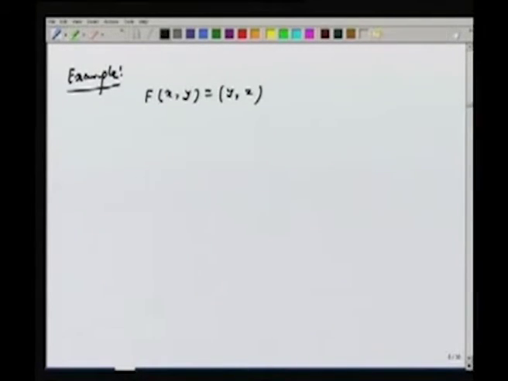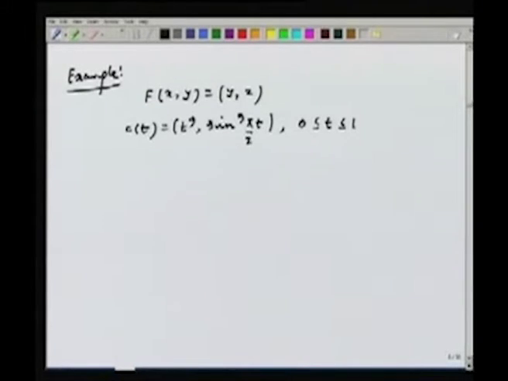So this is a vector field, and now I take a curve. Let us take this curve C(t) equals (t^9, sin(9 pi t / 2)), where 0 ≤ t ≤ 1.